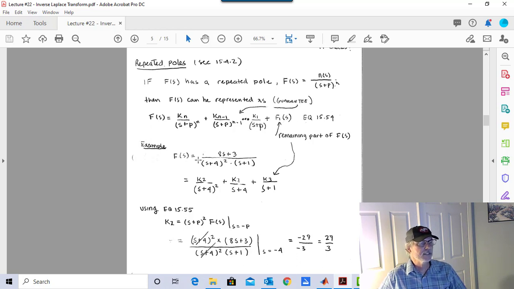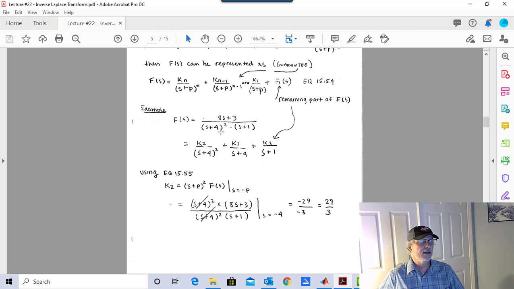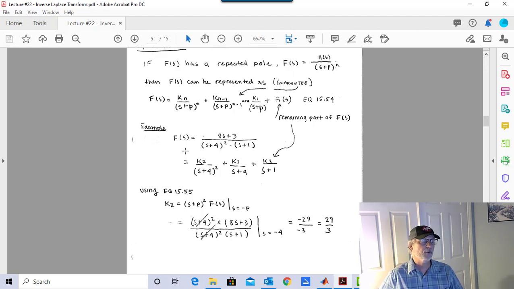So let's do an example. Here's our f of s, and we can see that we have a repeated pole, and then we have a simple pole. So we have repeated poles right here and simple poles. So let's go to our guarantee. We have k2 divided by s plus 4 squared, that comes from here, plus k1 divided by s plus 4.